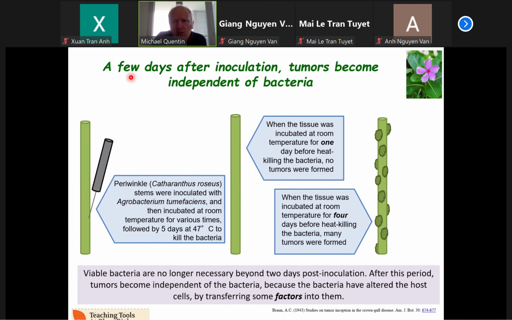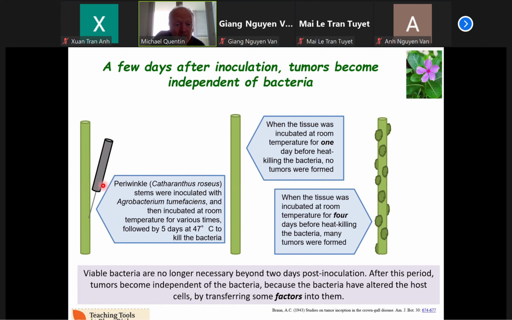The next discovery that was made on Agrobacterium tumefaciens is that if you, for example, inoculate a plant with Agrobacterium, in the case of this experiment, the plant that was inoculated was Catharanthus roseus.